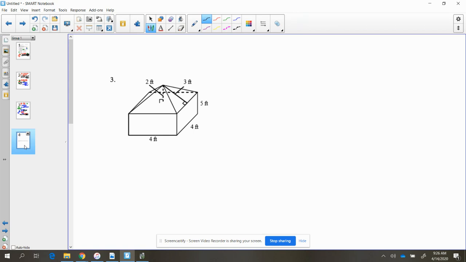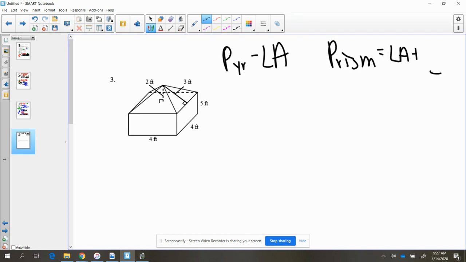Now, as we move to example 3, it is really similar to the last problem. We have the pyramid that we only want the lateral area of, because we can only touch its lateral area, the base is hidden. And for the prism, the cube, we want the lateral area that we can touch plus the one base that is being exposed.